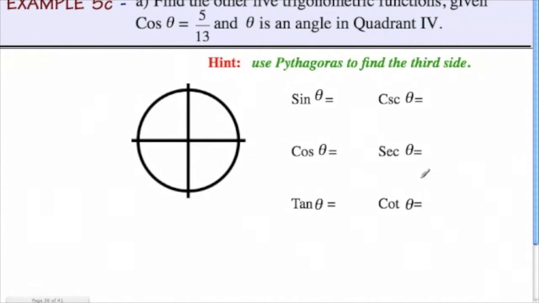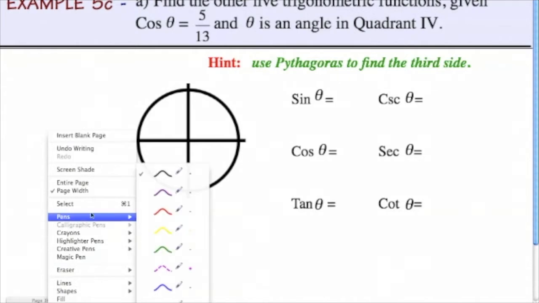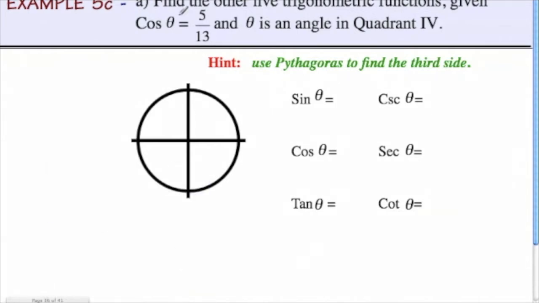Now, with this one, you have to have a check on this one. So I'm just going to show you a little thing here, because of the word "and". When you see the word "and", it's going to be in a specific quadrant, because it's asking cos 5 over 13, and the angle is in quadrant 4, pardon me.